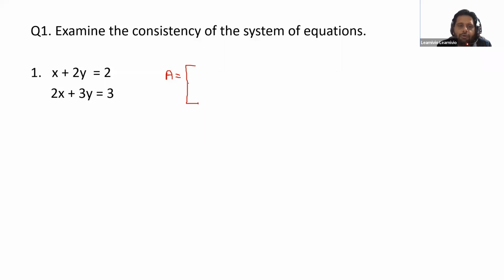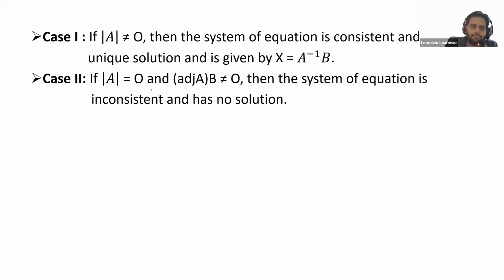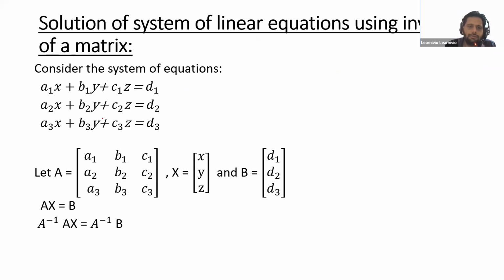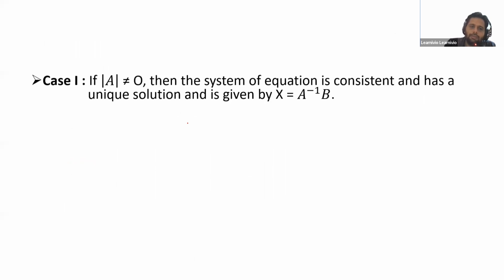Okay, Josefa, always remember, as we have discussed here, that this matrix A will be formed from these coefficients. X will be from the variables and B from the constants D1, D2 and D3.